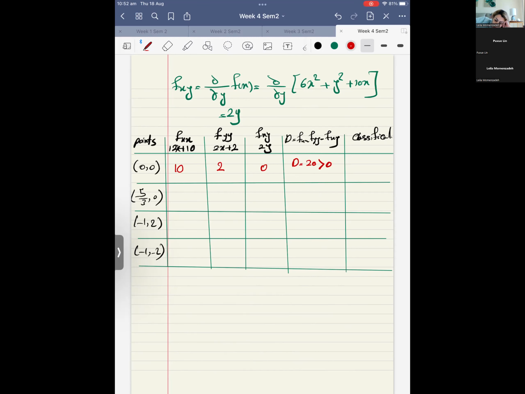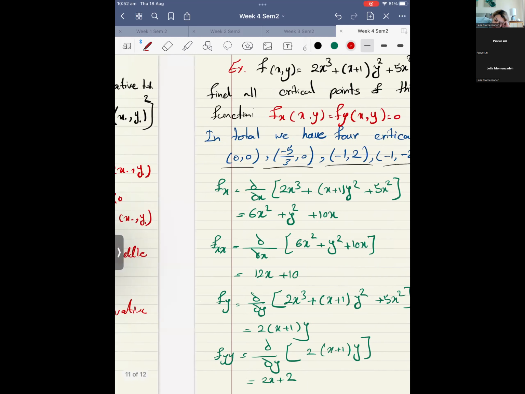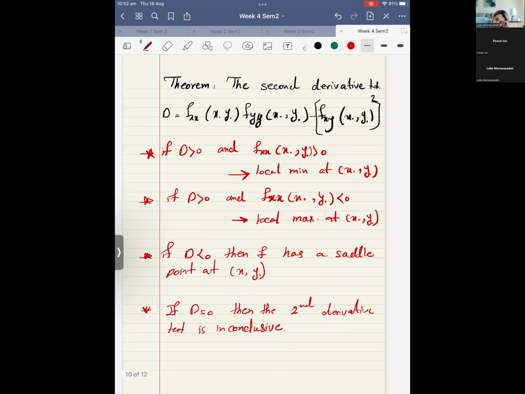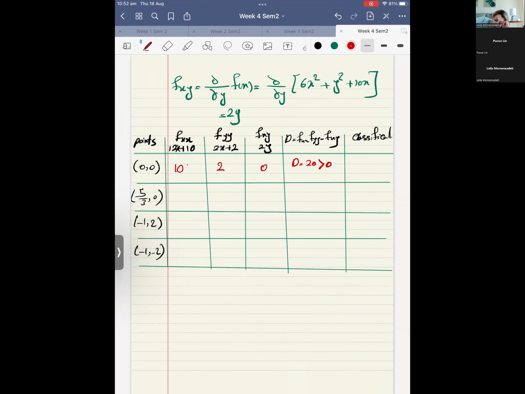Look at this: D more than 0, and f_xx is more than 0, so you have a local minimum. This one more than 0, this one more than 0, you have a local minimum.